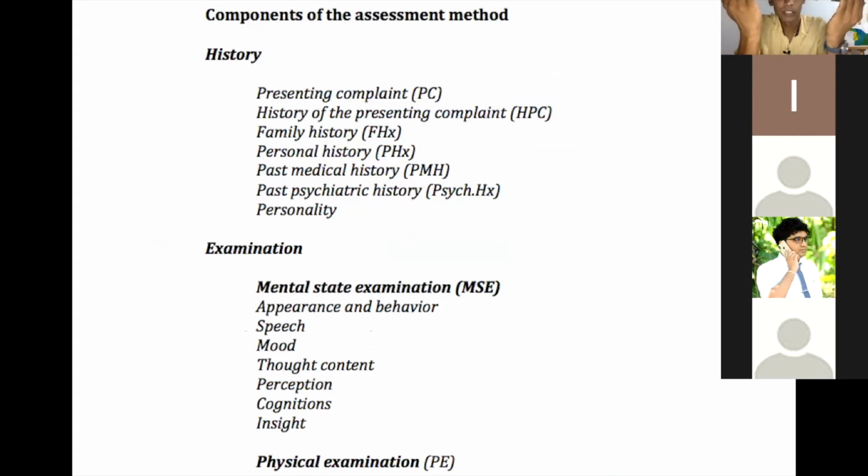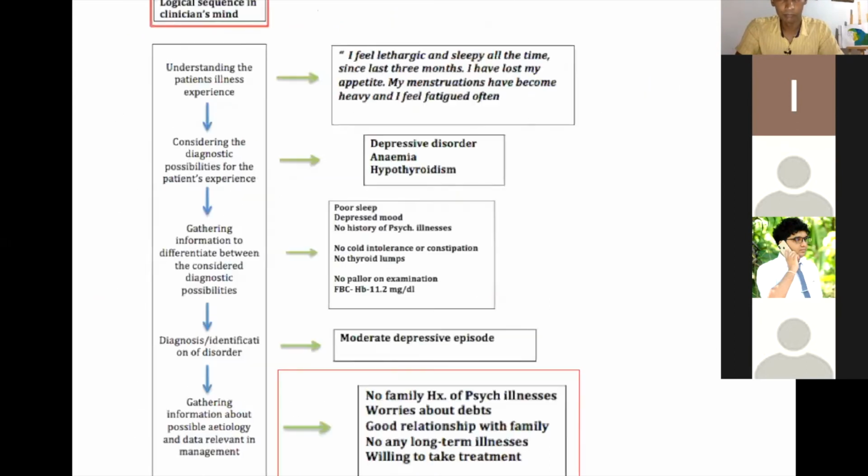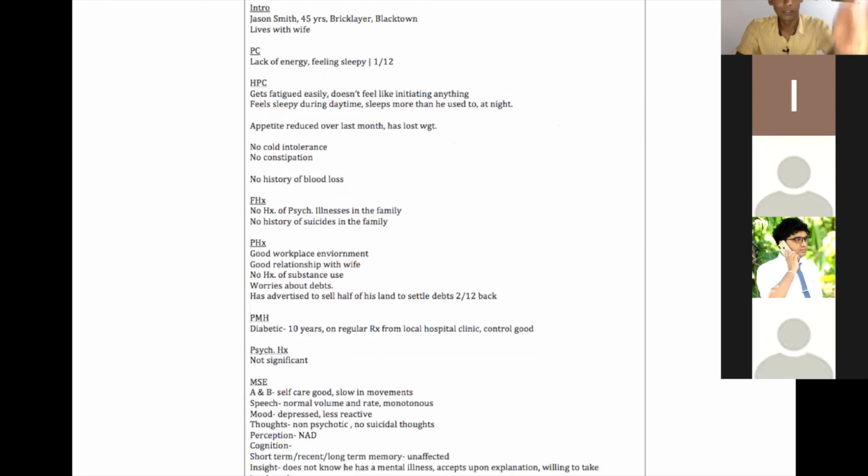If someone looks at my record, what I have written down, they will think I started from presenting complaint and then ended with physical examination. Then at the end, after examination, I would write my differential diagnosis. Most probable diagnosis is a moderate depressive episode. Then I'll write down the outline of my management. Looking at the record, you will think that I followed this sequence, but I did not, right? So you can do the same. You can follow this sequence and record it like this.